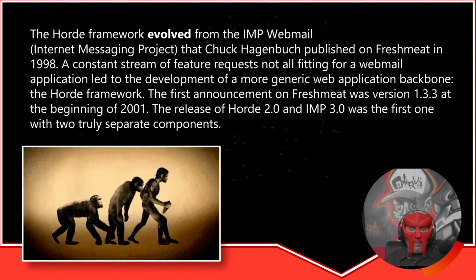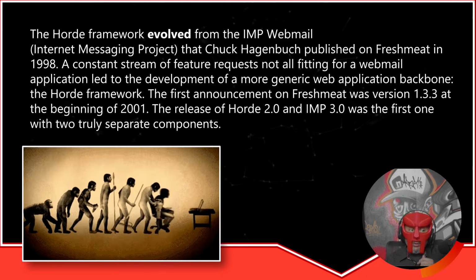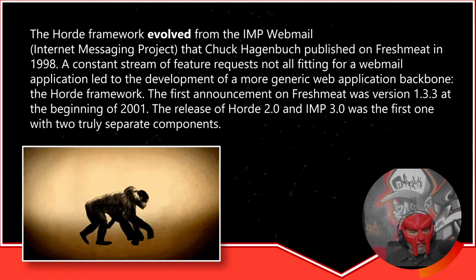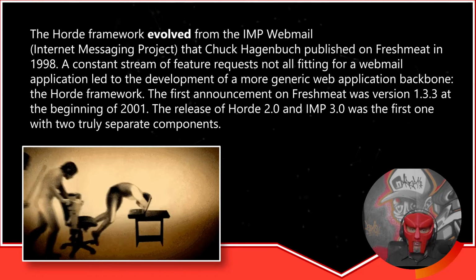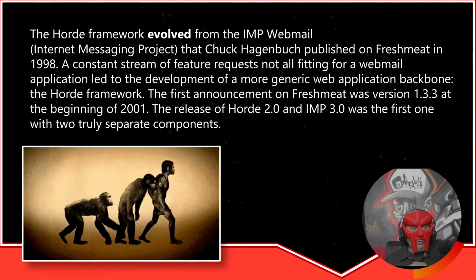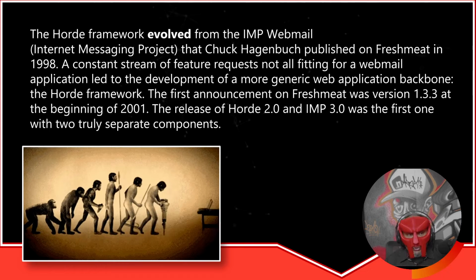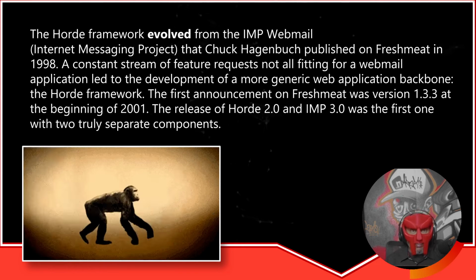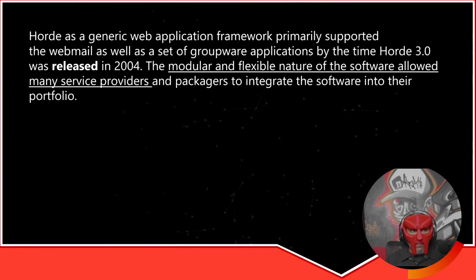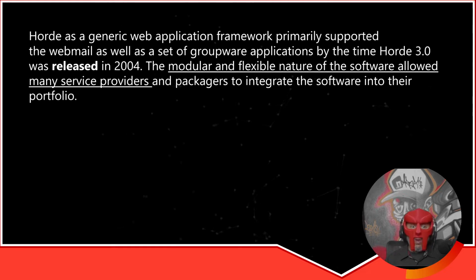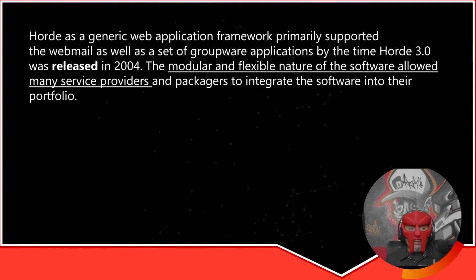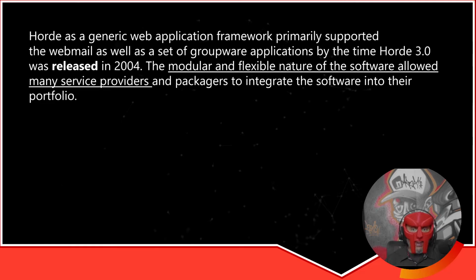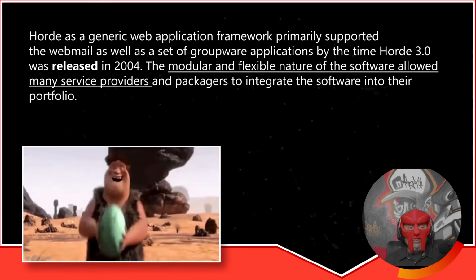The first announcement on Fresh Meat was version 1.3.3 at the beginning of 2001. The release of Horde 2.0 and IMP 3.0 was the first one with two truly separate components. Horde, as a generic web application framework, primarily supported the webmail, as well as a set of groupware applications by the time Horde 3.0 was released in 2004.